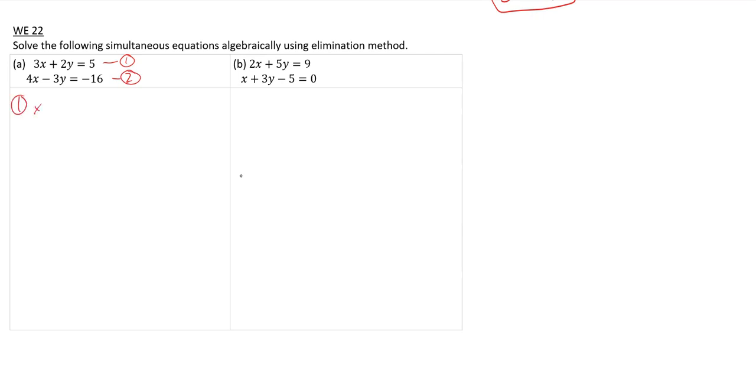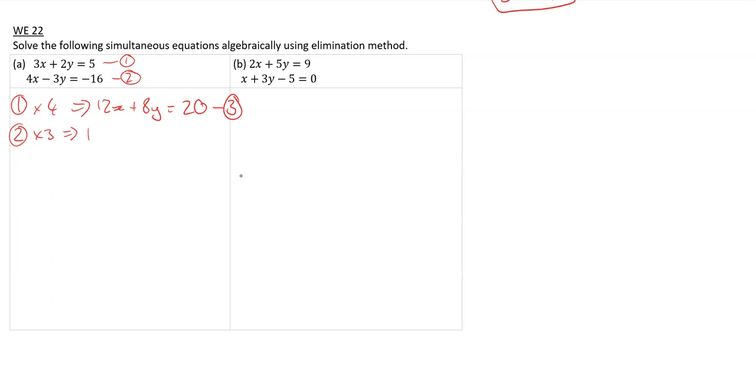So 1 times 4 implies every term in here is going to multiply by 4. So I'm going to get 12x plus 8y equals 20. This is my new equation. I'm going to call that equation 3. And equation 2 times 3 is going to imply everything in this equation is multiplying by 3.